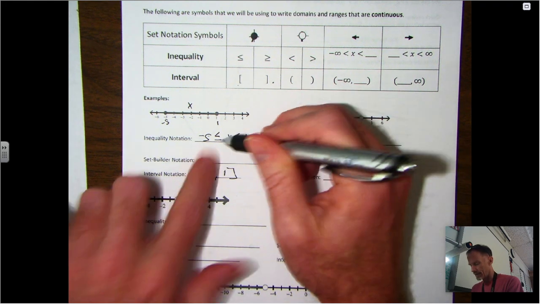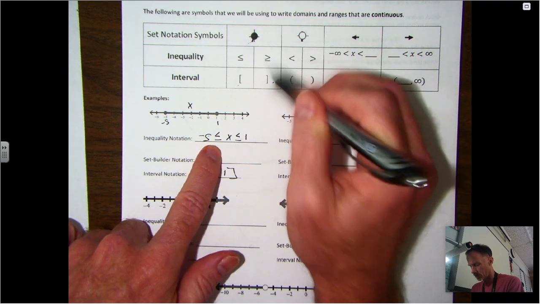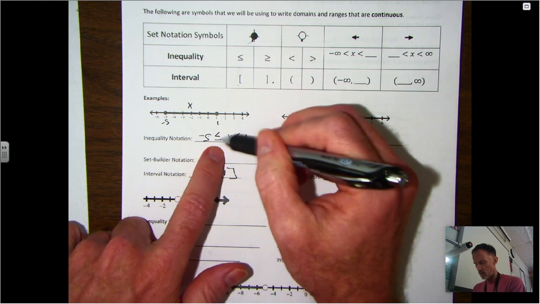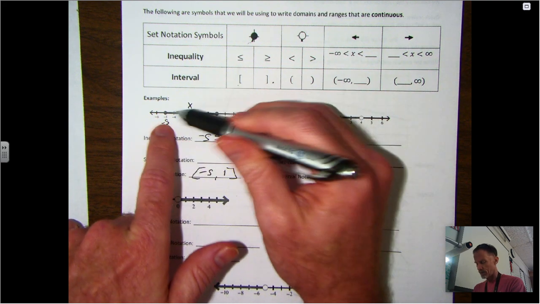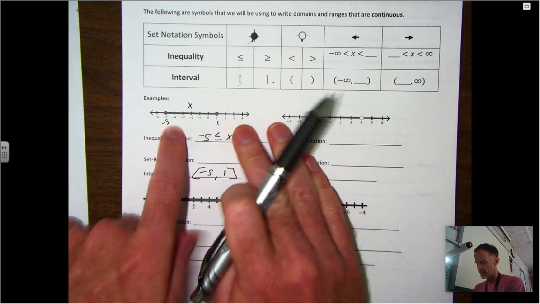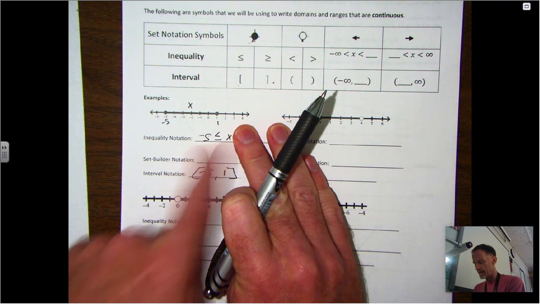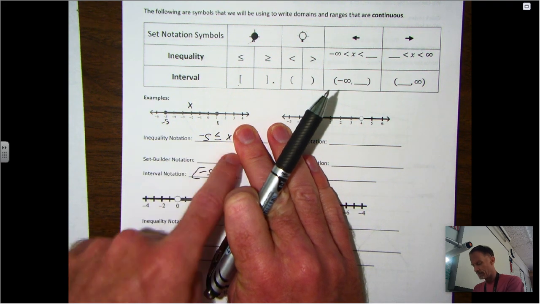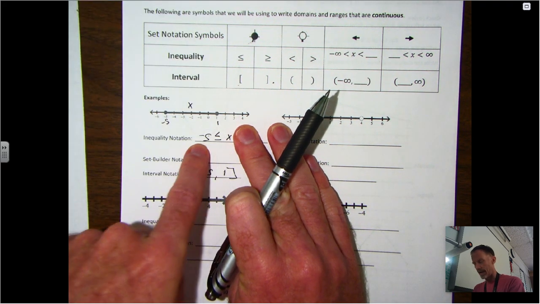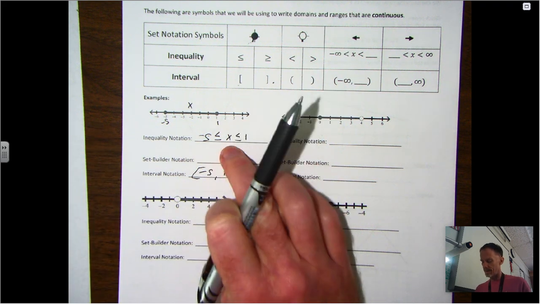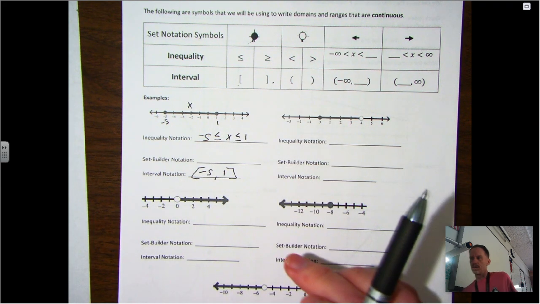Notice it is less than or equal to because of that filled in circle. Now, you might be saying, well, hold on a minute here. Isn't x greater than -5? Yes, but that's also what that says. If you read that piece of it backwards, x is greater than or equal to -5, so that's why we write it with that sandwich technique.